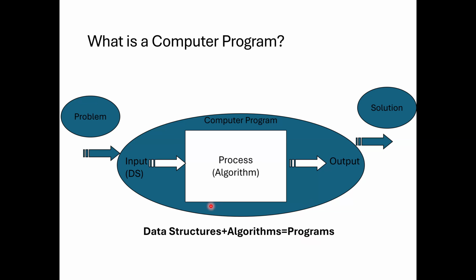We want to look at making our programs efficient. The way we make our programs efficient is to use efficient data structures to organize our data and to write efficient algorithms to process that data, so that as a consequence, our programs are more efficient. I hope I'm making sense. Yes, sir. Okay.